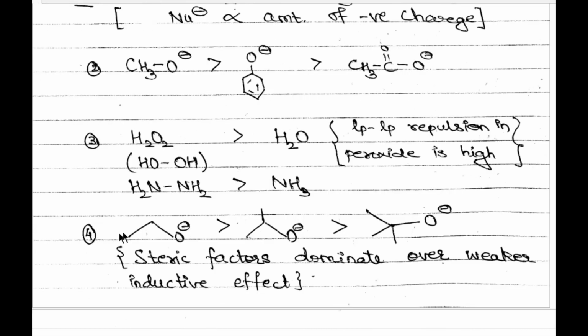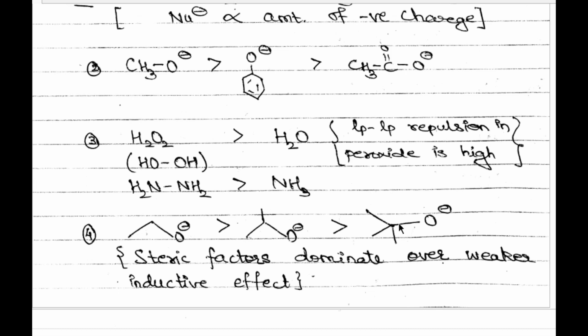Next is a very important comparison. We have the alkoxide ions to be compared. The first is ethoxide, second is isopropoxide, and third is tert-butoxide. Once again, first I'll compare the basic strength or basicity. For basicity, it is best to compare the acidic strength. Ethoxide is the conjugate base of ethanol, isopropoxide of isopropanol, or 2-propanol or propan-2-ol, and tert-butoxide of tert-butanol, or 2-methylpropan-2-ol.